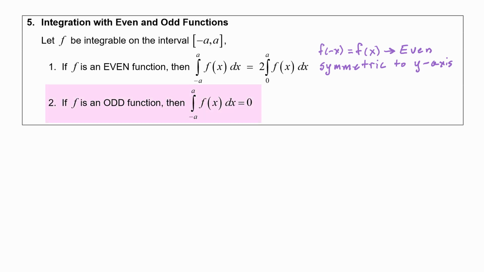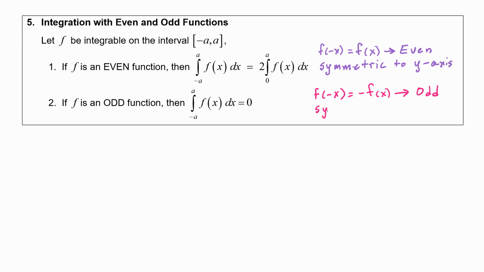Now, the second case is if f is an odd function, then the integral from negative a to a of f of x dx is equal to 0. It's very powerful. And remember, the test for odd functions is if you plug in f of negative x and it's equal to negative f of x, then you know that you have an odd function.